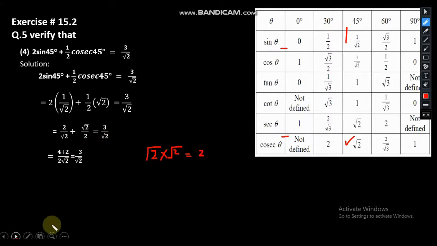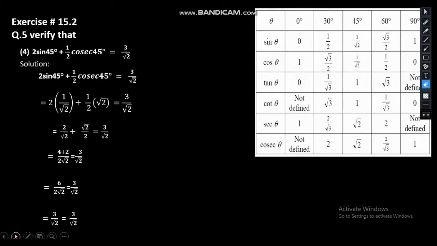So this step as it is. Now 4 plus 2 is 6, and this is 3. So 2 1s are 2, 2 3s are 6, which is equal to this one. So right hand side is equal to left hand side. Verified.